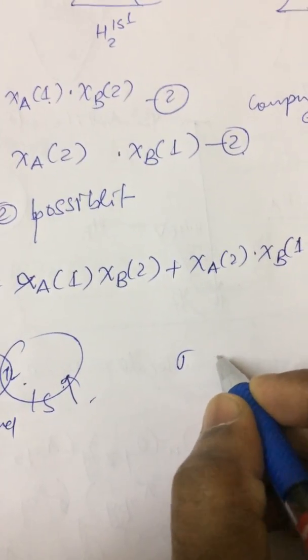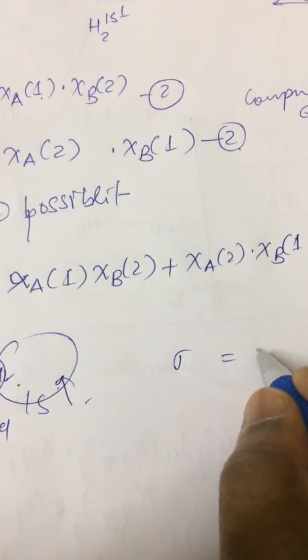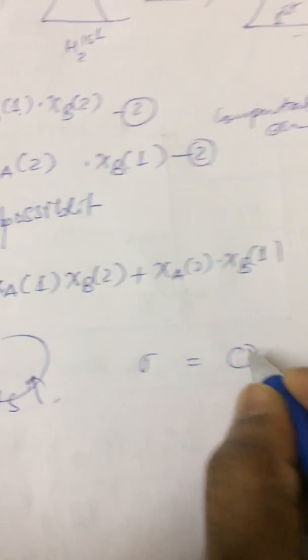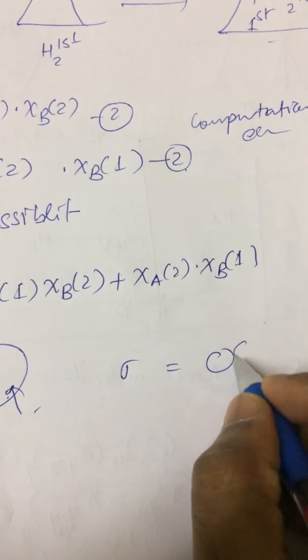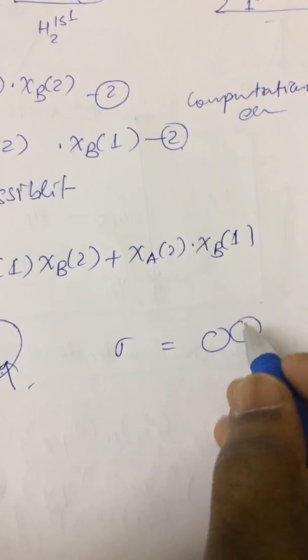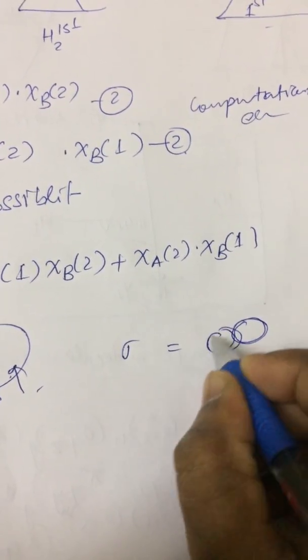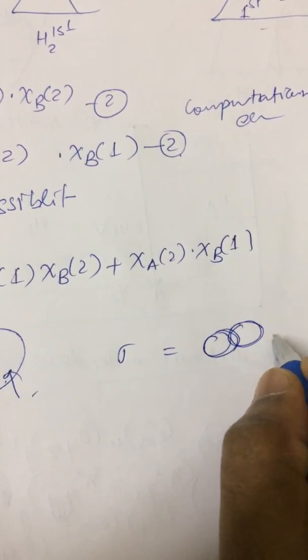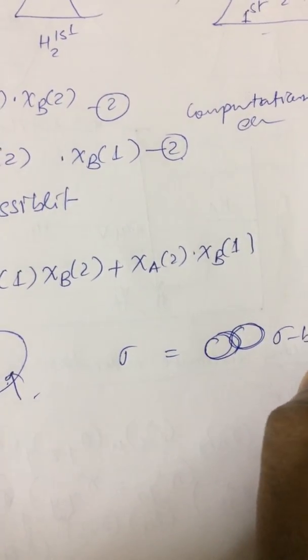Let's see how to form a sigma bond. I will discuss how s-s orbital overlapping forms a sigma bond.